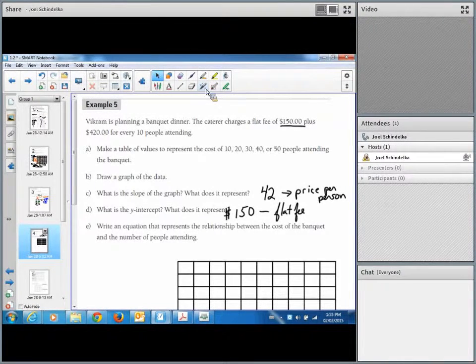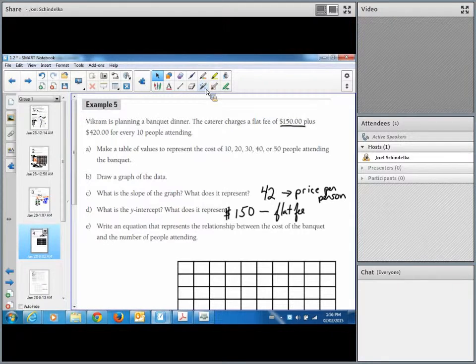Now I know I'm going through this kind of backwards, but if we do C and D, we should be able to do E right off the bat, and then we're going to graph it afterwards. Write an equation that represents the relationship between the cost of the banquet and the number of people. What do we want to use for the number of people? X or N or what?